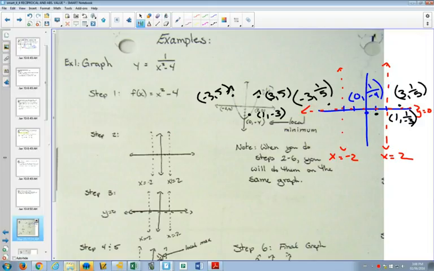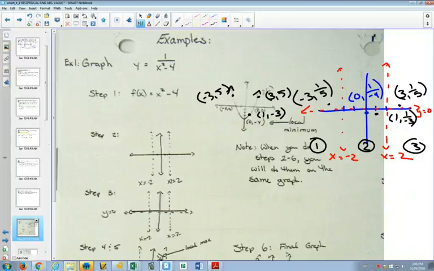Now you could keep going and draw more and more points if you wanted, but once you have a point in each of the 3 sections, because your vertical asymptotes separate this into 1, 2, 3 sections, you can go to the last step, which is draw the asymptotic behavior.